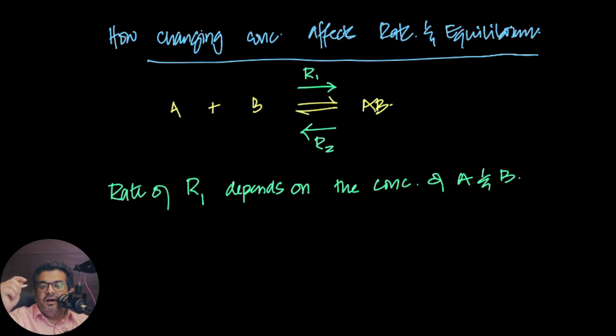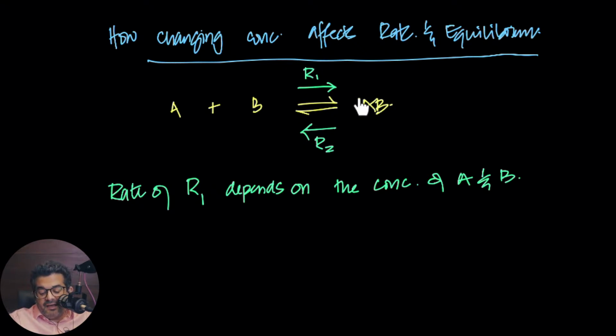So if you have high concentration, the rate will be high, you know? Which is why, by the way, if you were to start this reaction, if you remember my example from last class yesterday, that if you had taken only A and B initially, the rate of A and B becoming AB was pretty high. That means the rate of R1 was pretty high.